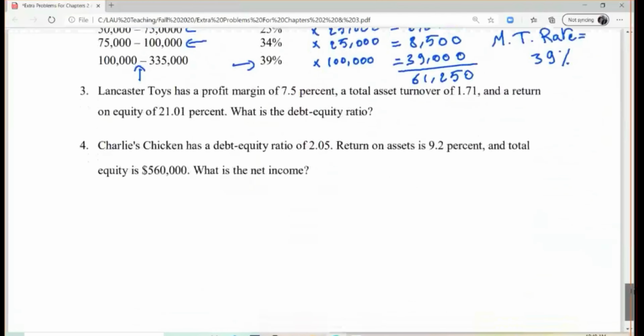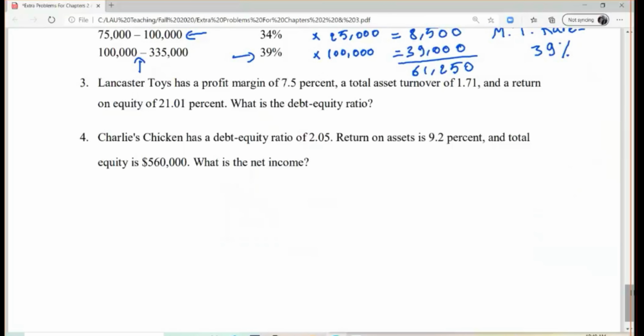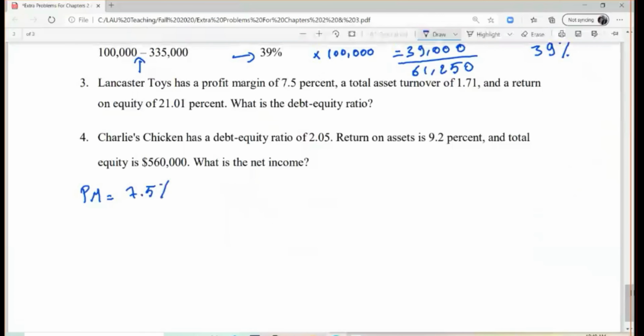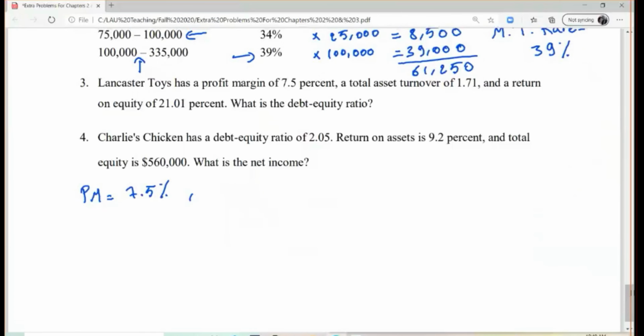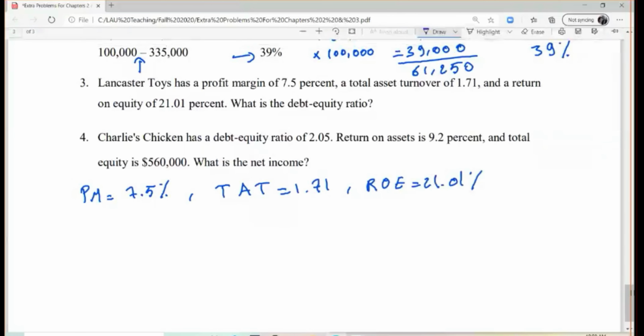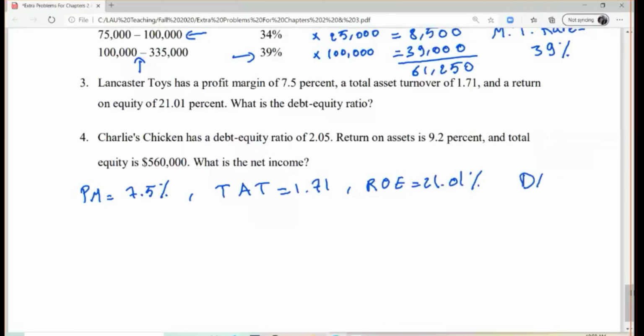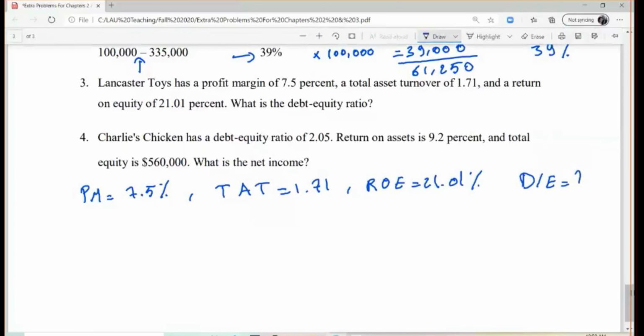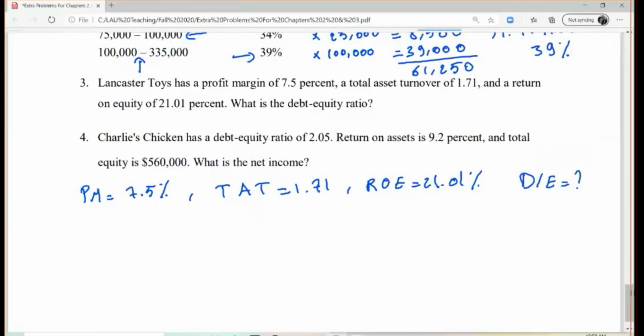Okay, number 3, Lancaster Toys has a profit margin of 7.5%, total assets turnover of 1.71, and a return on equity of 21.01%. I need to find the debt to equity ratio. Now, the debt to equity ratio equals total debt divided by total equity.